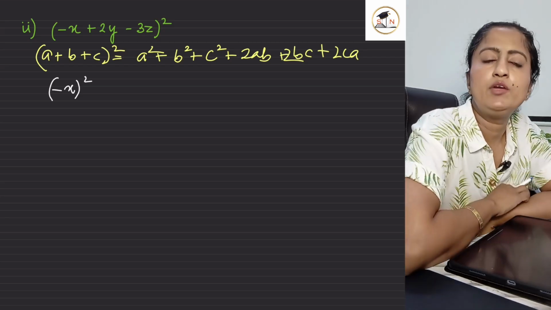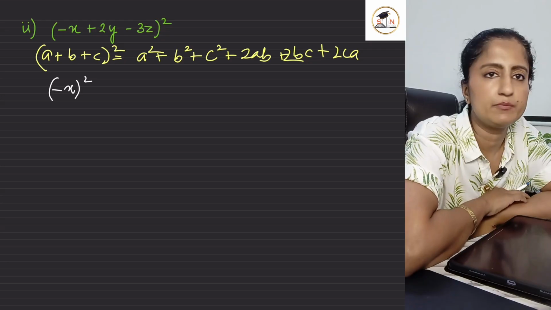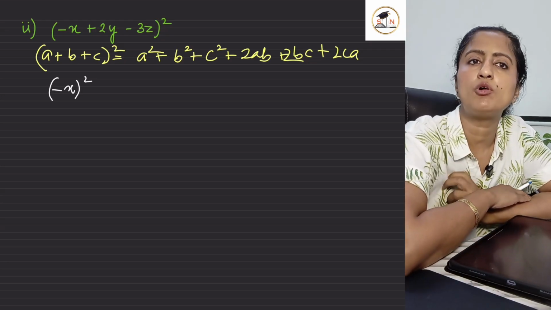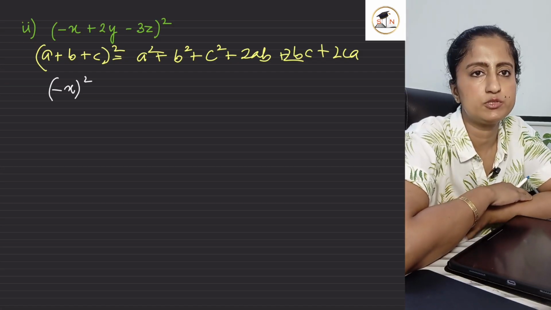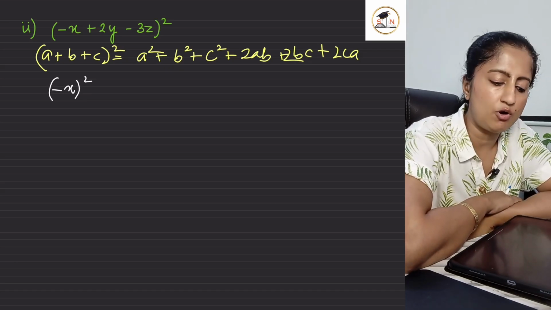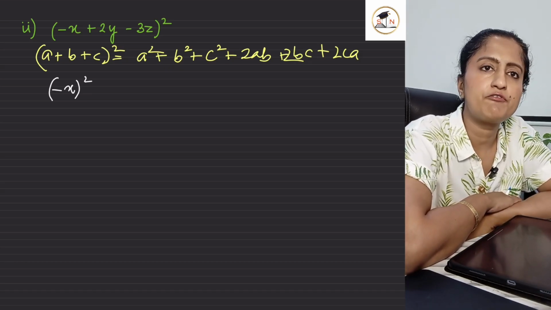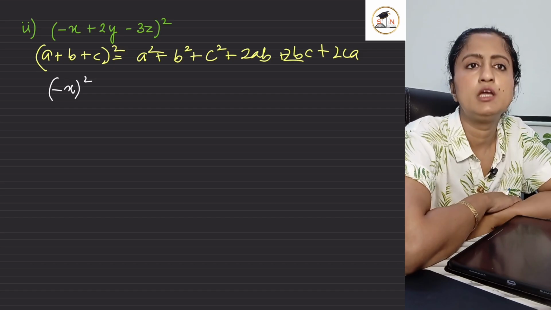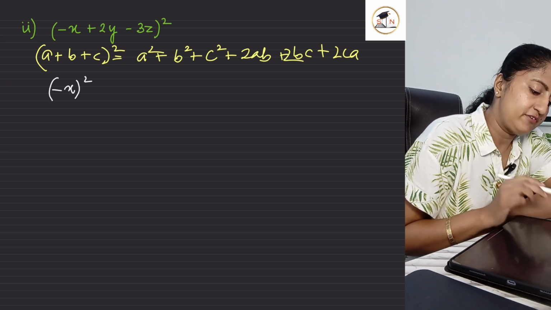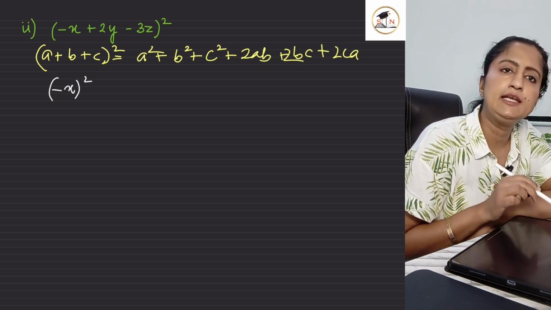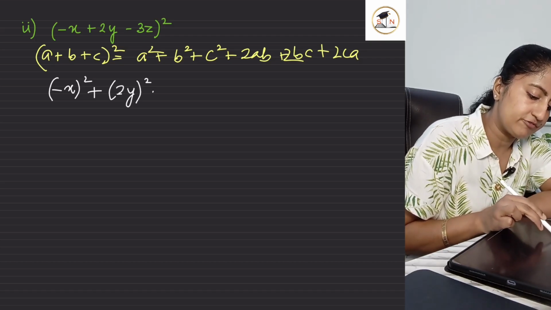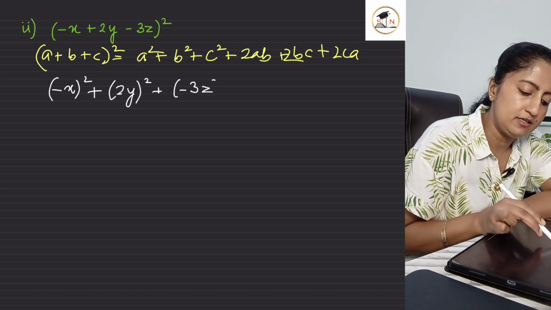Yes, when we have the identity of a minus b whole square, we do not substitute negatives over there because the identity is already dealing with a negative counterpart, which is a minus b whole square. But the identity over here is all with respect to positive terms. So if you have any negative in the given question, you have to plug in the negative value over there. Okay. So my first term was negative x. So I substituted negative x whole square. Then 2y whole square. And after that, negative 3z whole square.